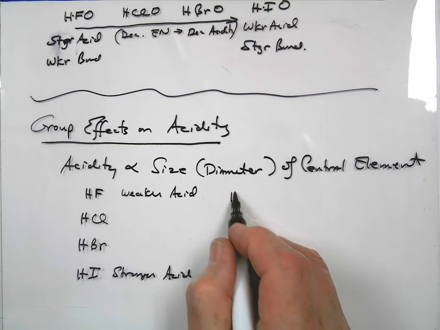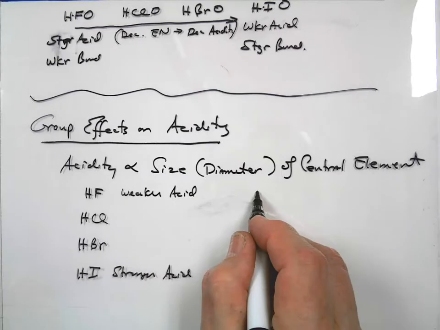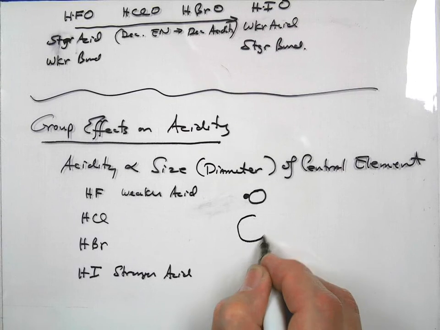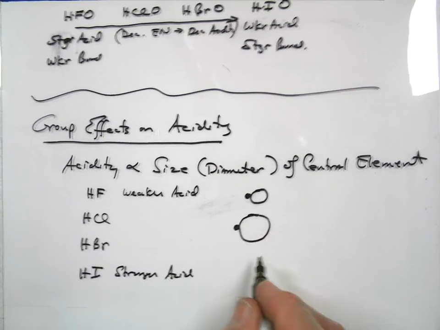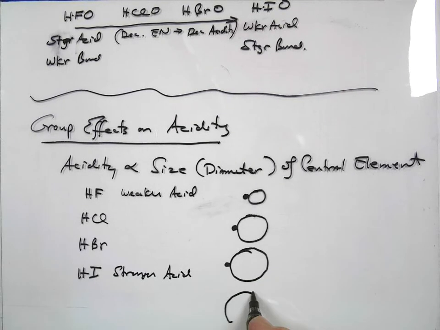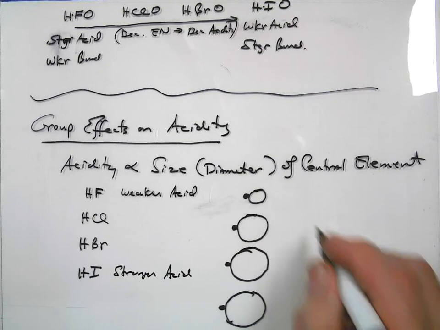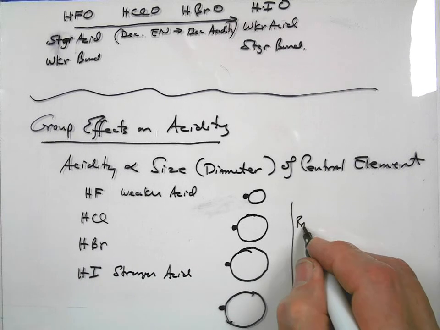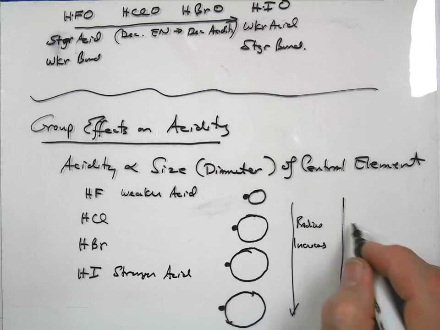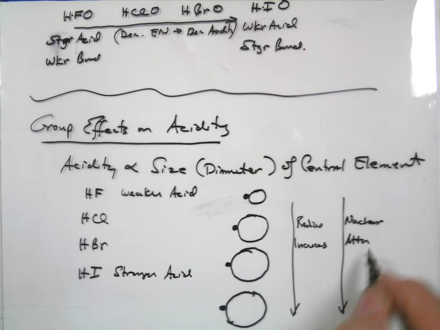So if we have a hydrogen, I'm going to do it a different way. Let's see. So here is the fluoride right here with our hydrogen. Here is the chloride right here. Here is the bromide. And here is the iodide, way out here. So as you go down, the radius increases. Nuclear attraction decreases.